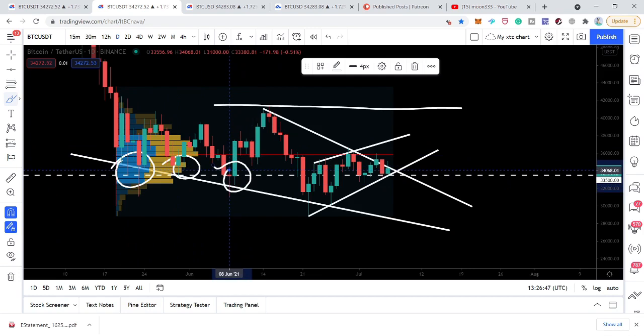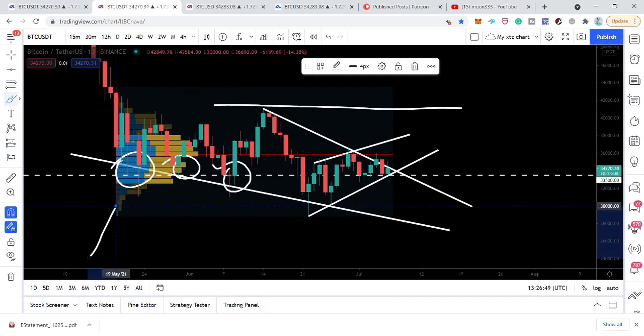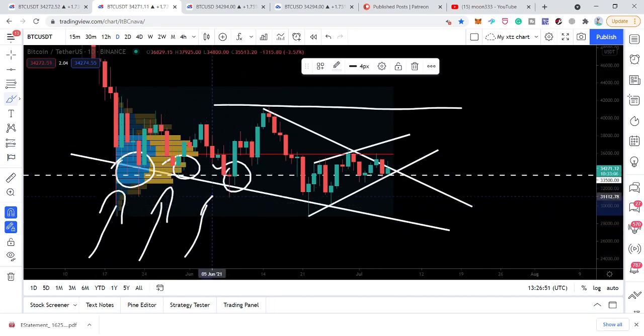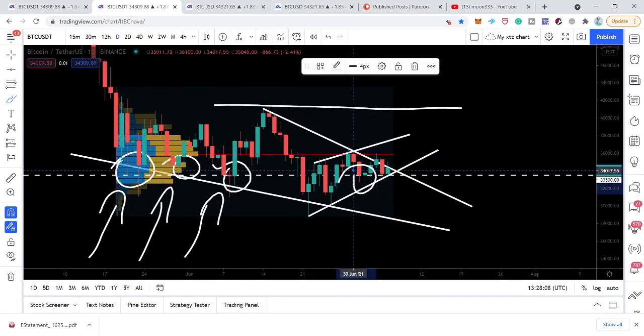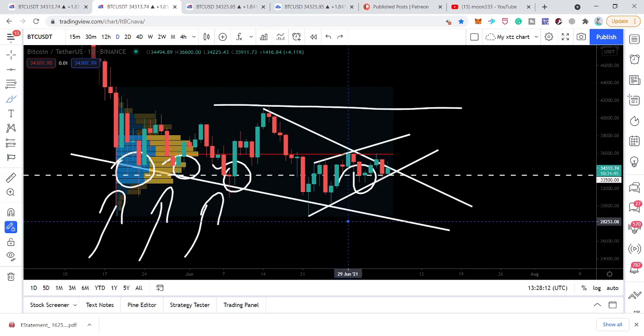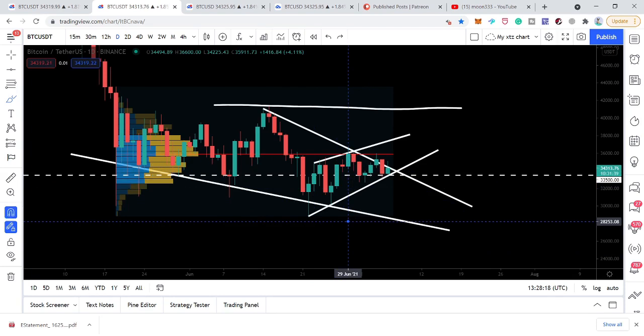This $33,500 worked as a support here, here, and here as well, and recently it has been working as a very good support. The price action is having nice bounces from this $33,500 support level every time.